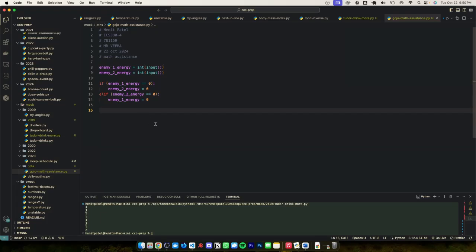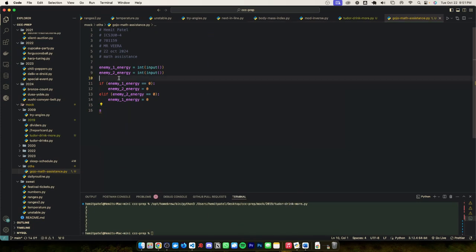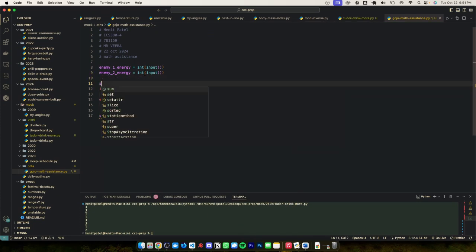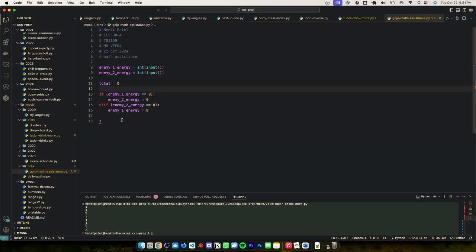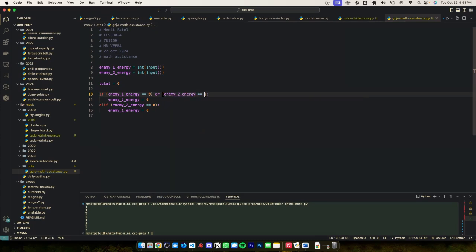All right. Now what we can do is find the sum of this. Or you know what? To make this easier on me, I'll just have a total over here of 0, and then all I'm going to say is if enemy 1 energy is 0 or enemy 2 energy is 0, then the total will be 0, right? Because it's a sum that needs to be 0.